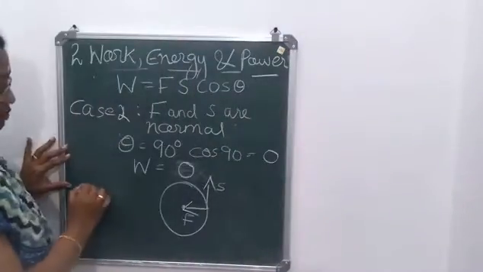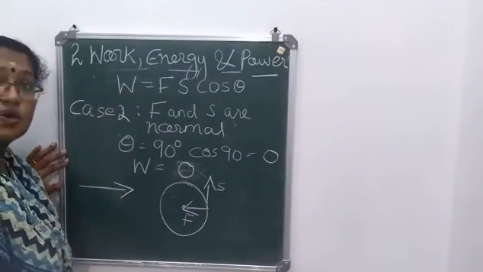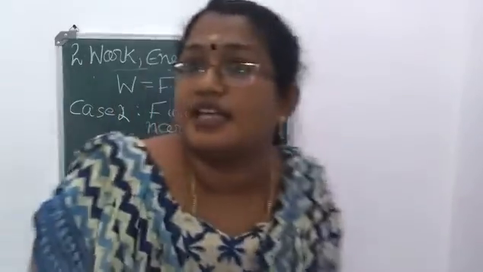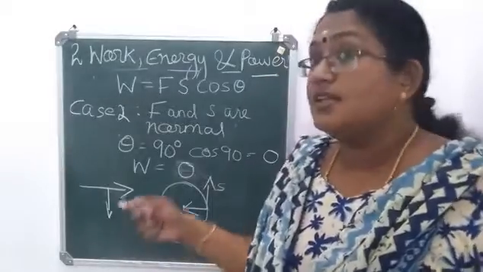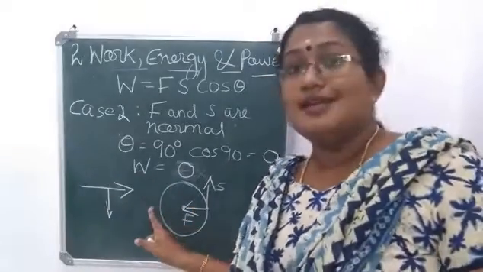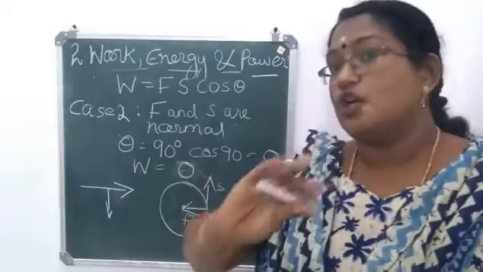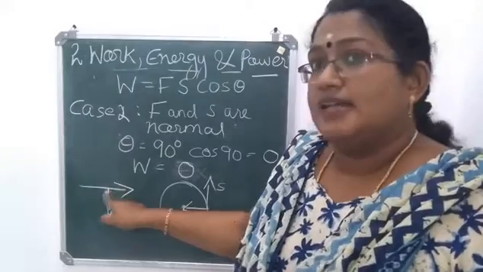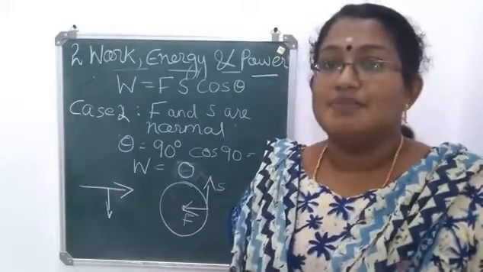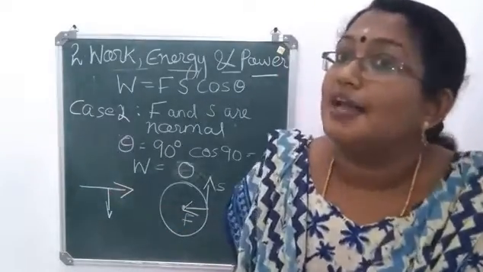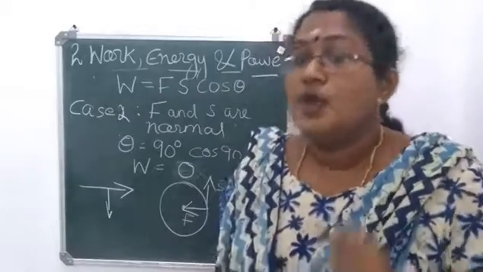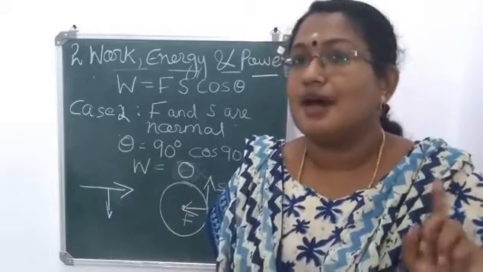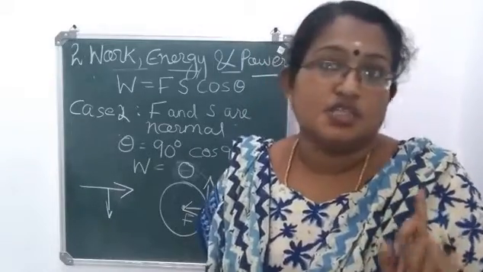When a person is moving horizontally, the gravitational force acts downward. Considering the gravitational force and the displacement of the body, theta, the angle between force and displacement, will be 90 degrees, and you can say that no work is done. So work is not done if force and displacement are perpendicular to each other.